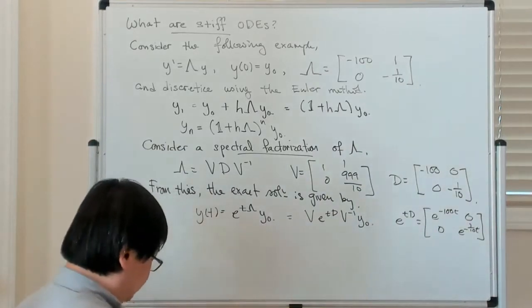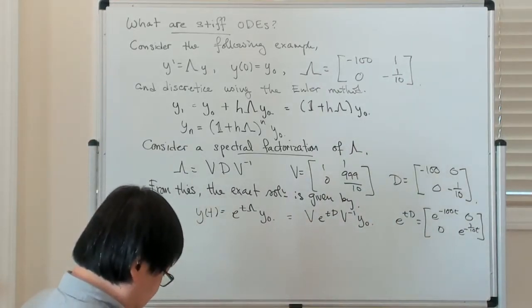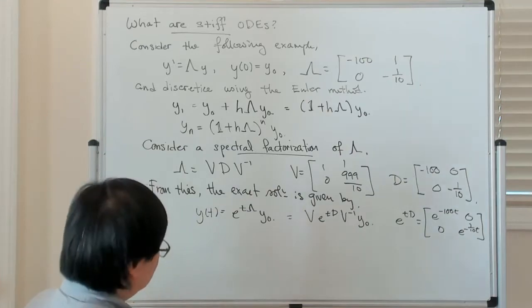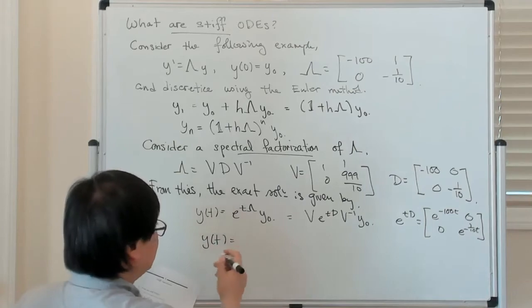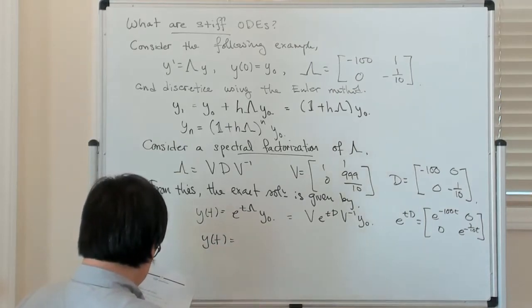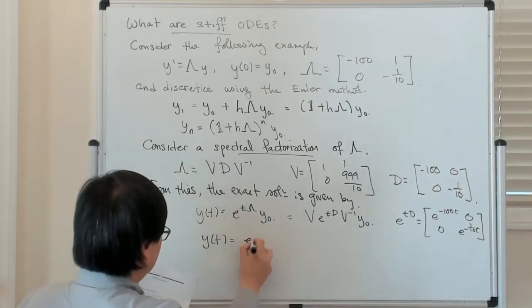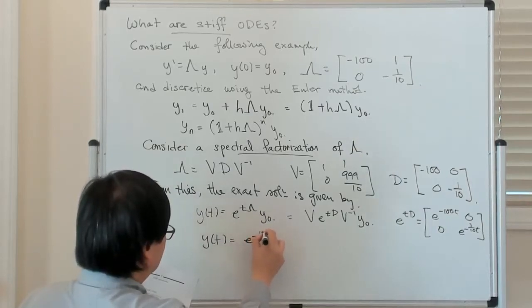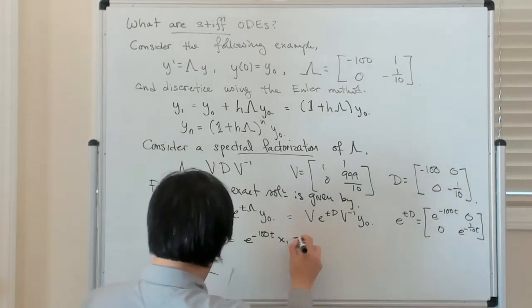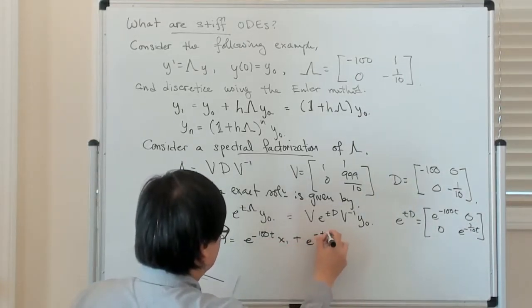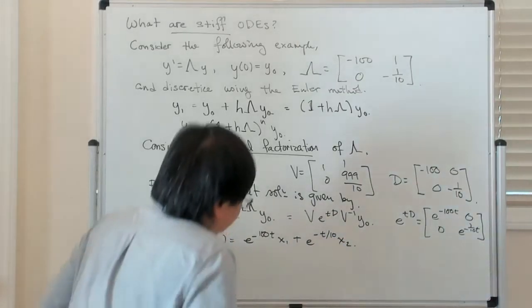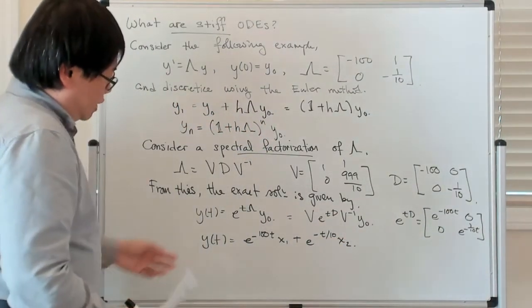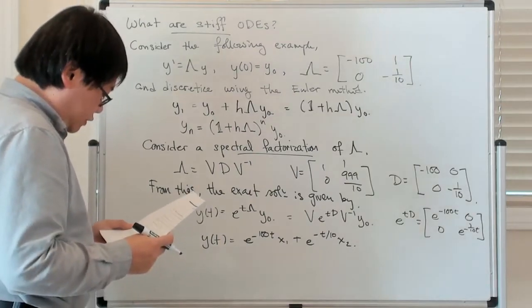So basically y can be written as some linear combination of two solutions of the form e to the minus 100t times some vector x1, plus e to the minus t over 10 times a vector x2. So this is the general solution of that linear differential equation.